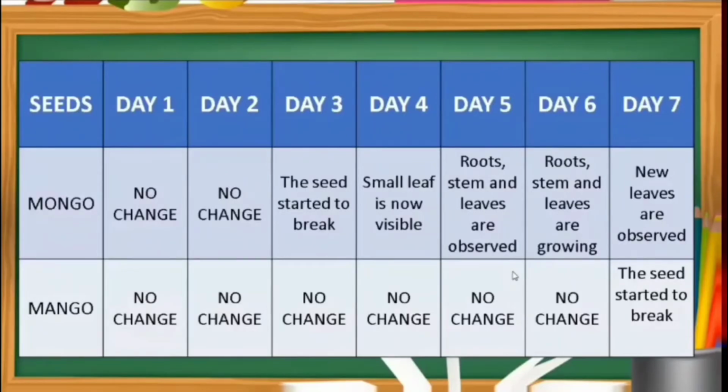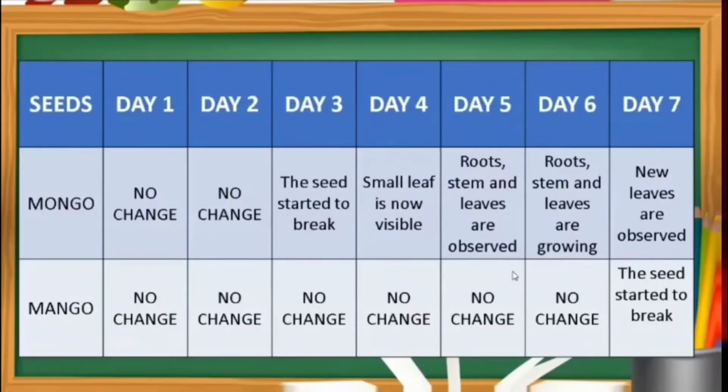Assuming that we have done with the experiment testing the germination rate of mongo and mango seeds, we will have this diagram. For day 1, both the mongo seeds and mango seeds showed no change. For day 2, no change at all between the mongo and mango seeds.